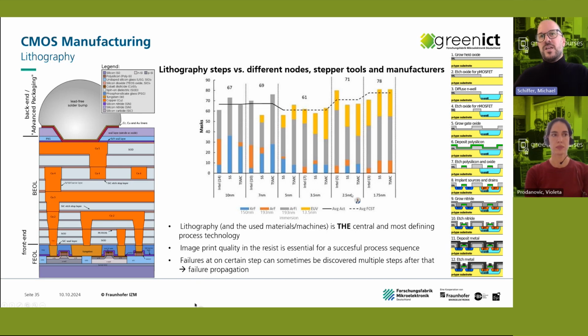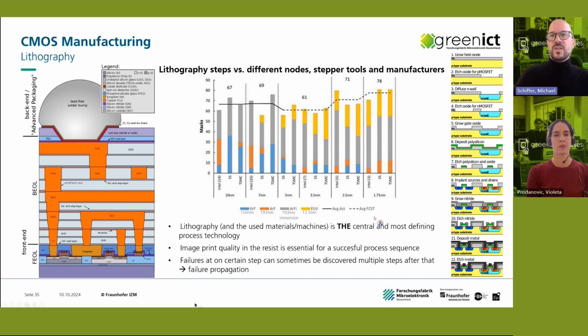These are more or less estimated counts, but you can see that the count of mask layers is increasing, and also the usage of the EUV stepper increases when you go to smaller and smaller dimensions, because sometimes you then need quadruple exposure. That means you have 4 lithography masks combined to generate one layer of functionality in the transistor. So the EUV usage is massively increased there as well.